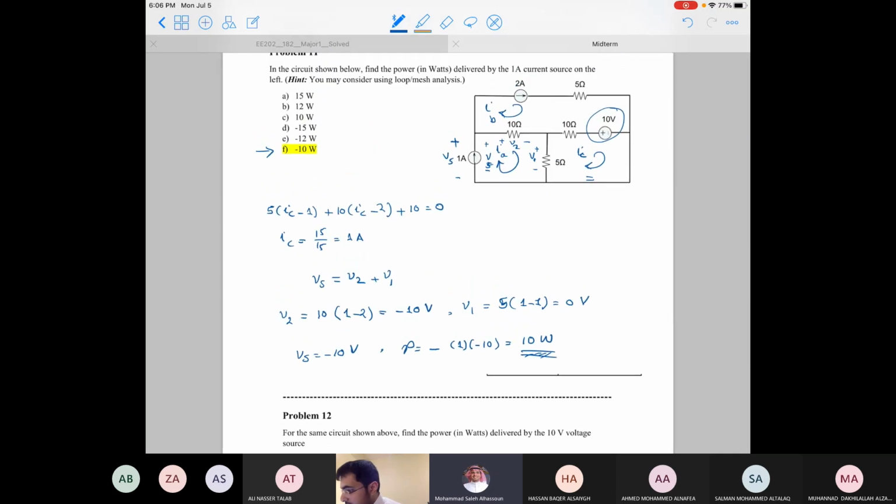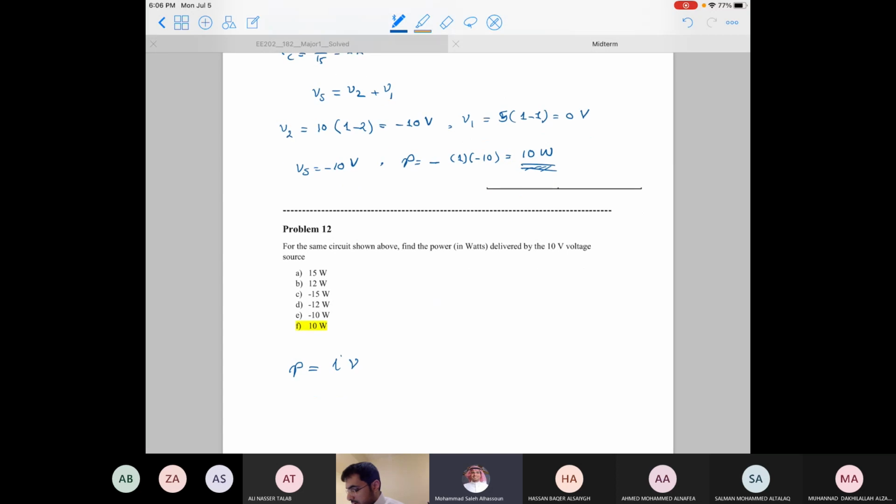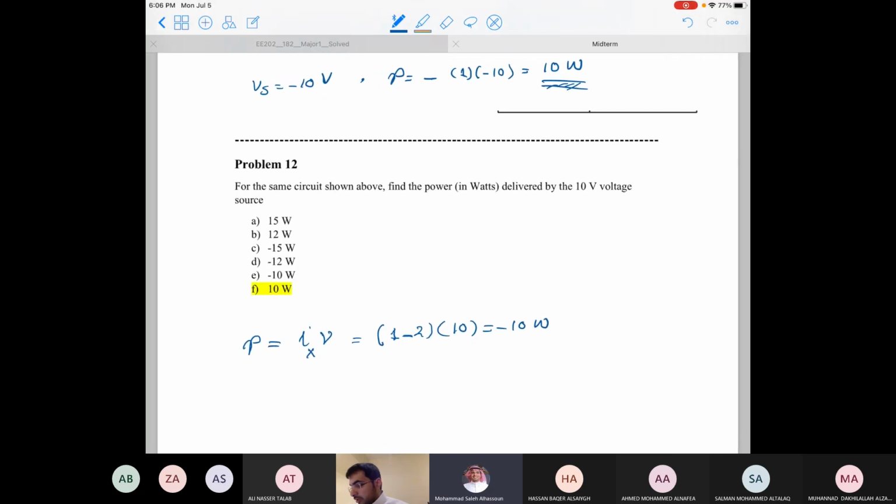I call this one IX. IX multiplied by V: IX is 1 minus 2, multiplied by V, which is 10. So it's going to give me minus 10 watts. So yes, this source is actually delivering power. So my assumption is correct. So I'm getting positive here. Is it clear, guys?